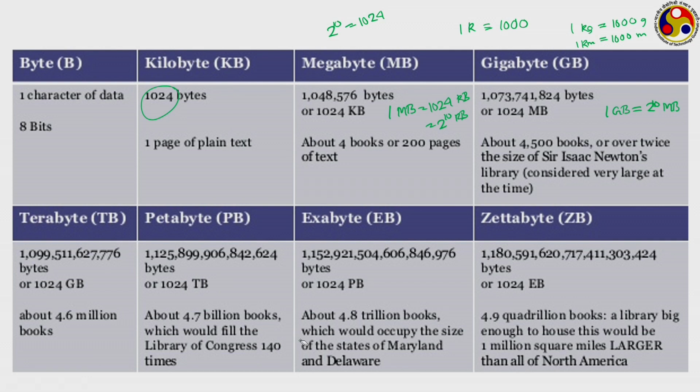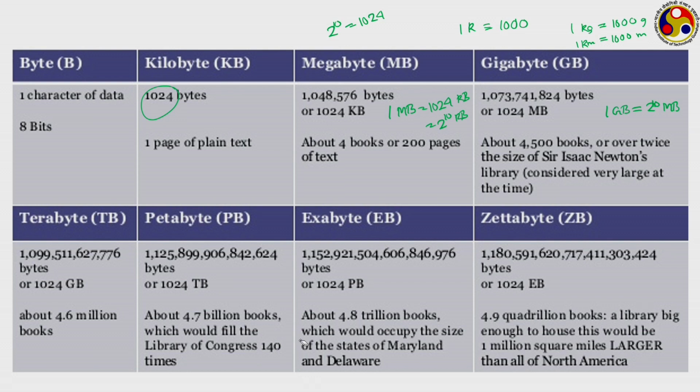So 1 kilobyte typically corresponds to a page of plain text. 1 megabyte can be 4 books or 200 pages of text, or can refer to some other media also. 1 gigabyte is quite large. It is about a whole library or even bigger. It can store that much amount of books. 1 terabyte refers to several millions, 4.5 to 6 million books.